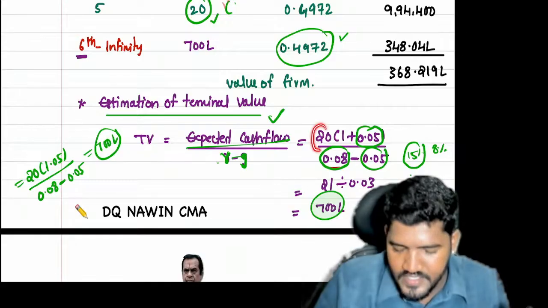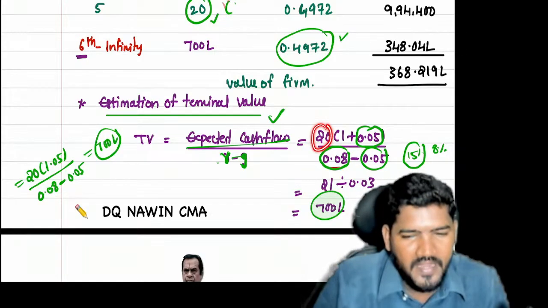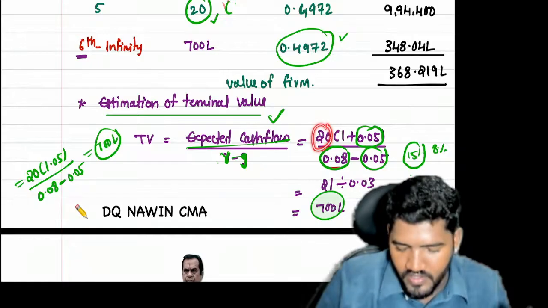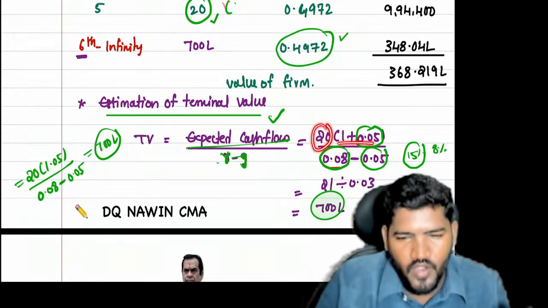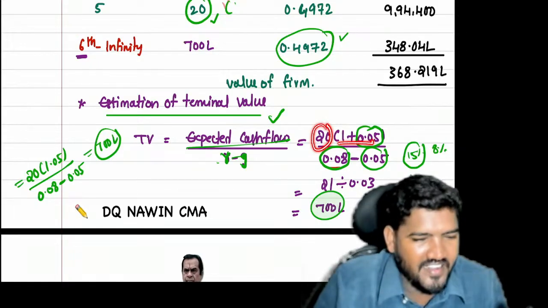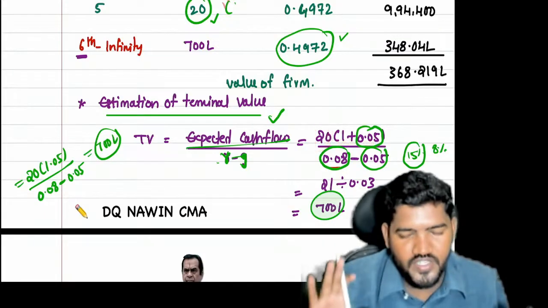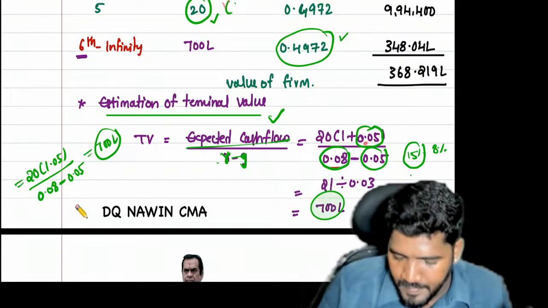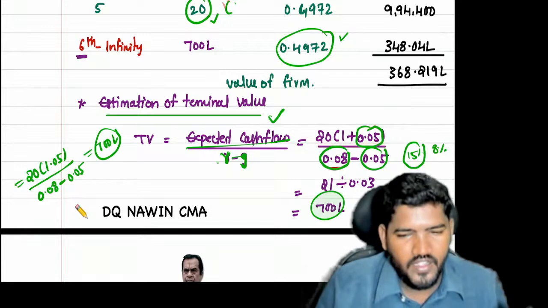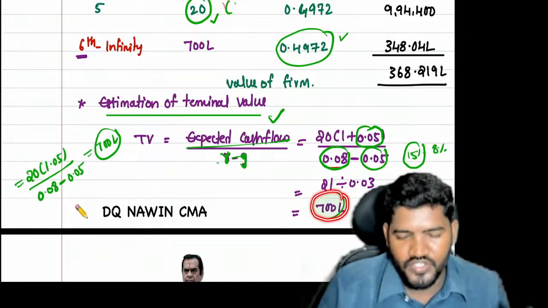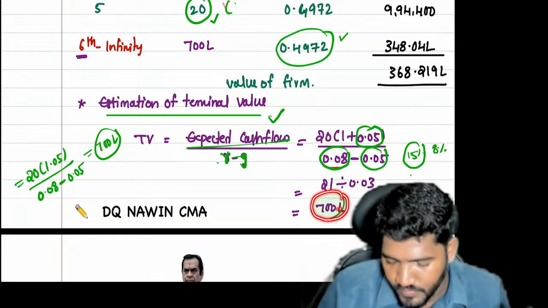So 20 is the fifth year ending, sixth year beginning. The word sixth year beginning means current year. I don't want the current year, so I want the expected or next year. How do we convert that current year into next year or expected? If you add growth, the growth is 5% for the long run. If I add 5%, I get the grown cash inflow, divided by R minus G, and I will get 700 lakhs. So this 700 lakh is the perpetual value.